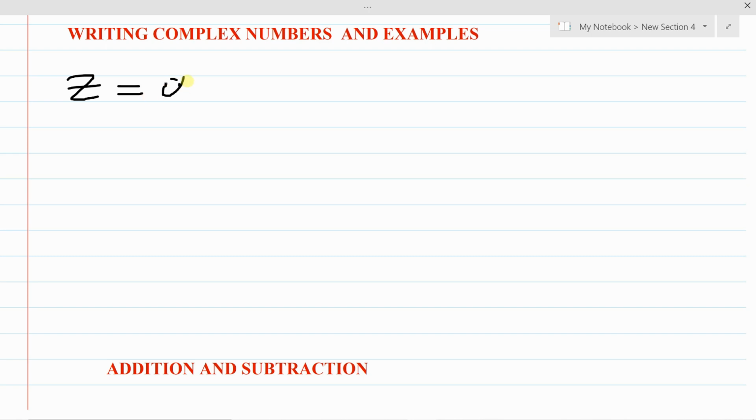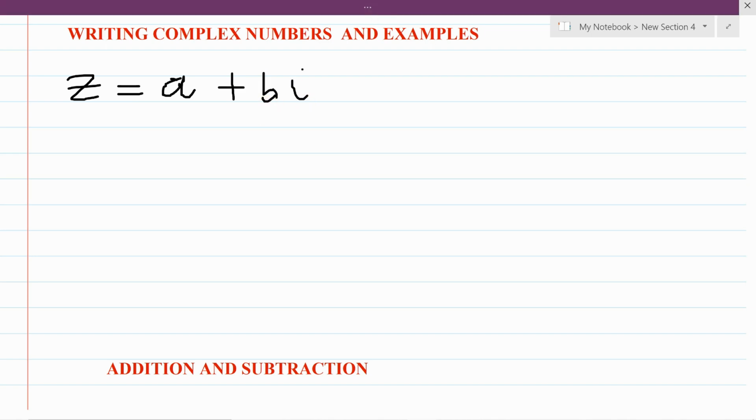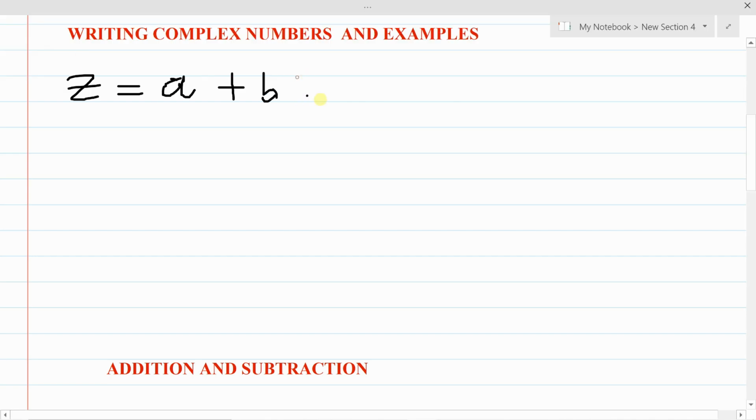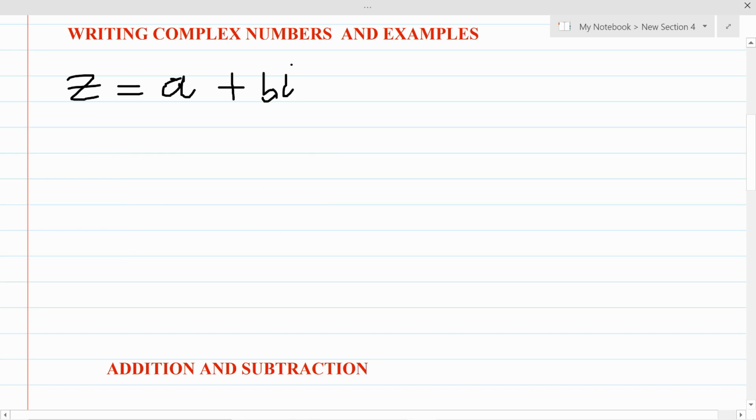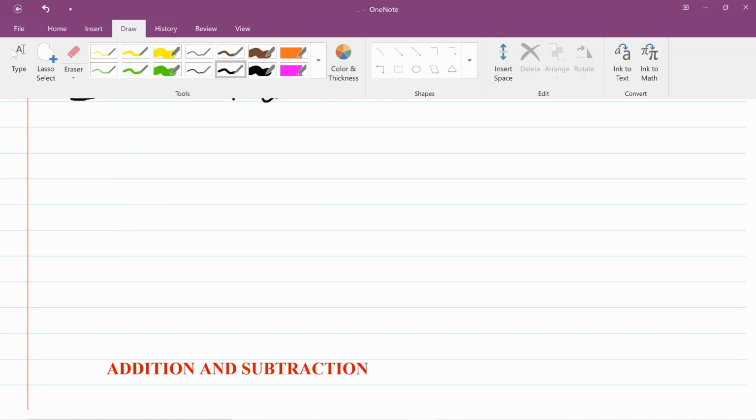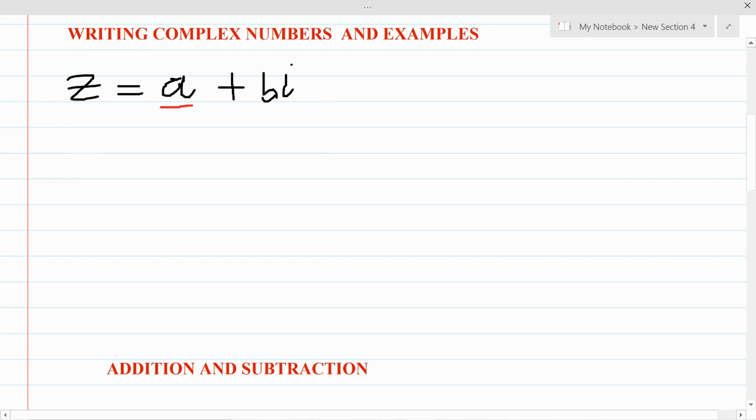First part is the real part, and the other part is the imaginary part. Pardon me, my handwriting is somehow not nice. So if I have this as my complex number, the first part, like I said, is what we call the real part, and this part is the imaginary part.